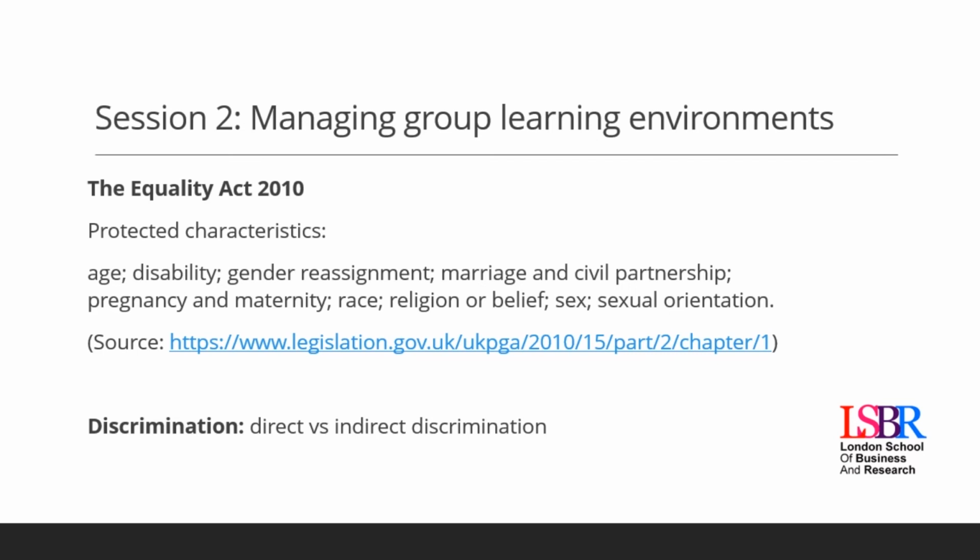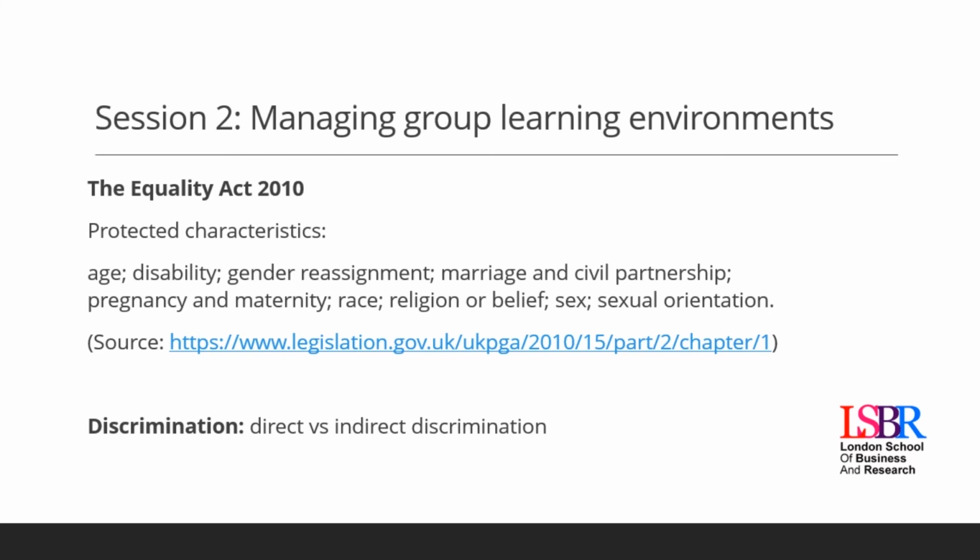So I've taken this from gov.uk, which is the site of the UK government, and it is an essential piece of legislation called the Equality Act 2010, which ensures that teachers, facilitators, employers are not discriminating against some of those protected characteristics.